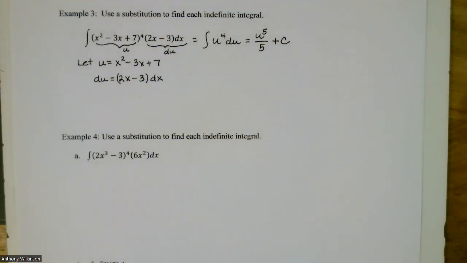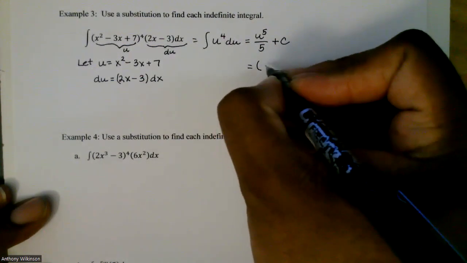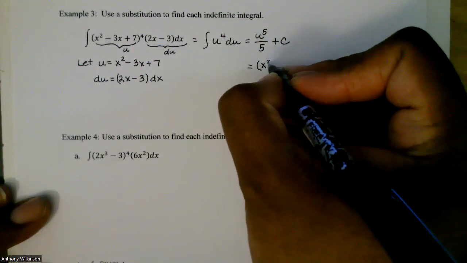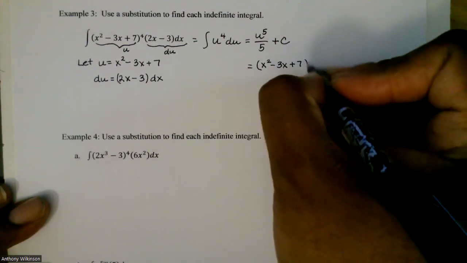Now, we're going to express that antiderivative in terms of the original variable. That means I need to do some back substitution. Since I let u equal to x squared minus 3x plus 7, I'll replace the u with that expression, x squared minus 3x plus 7.